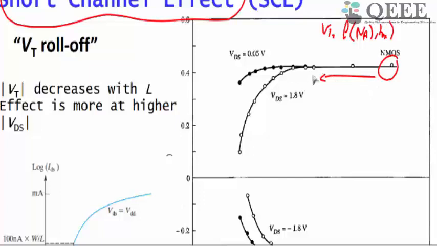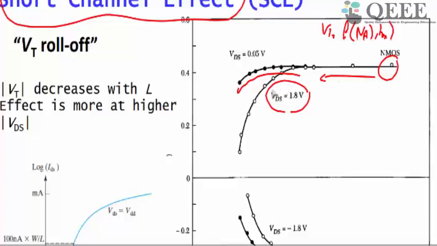But something interesting happens: the threshold voltage starts reducing with the channel length. This was not there in that simple model. The other important thing is that the threshold voltage becomes a function of VDS. Depending upon what drain bias you apply, you get a different threshold voltage.